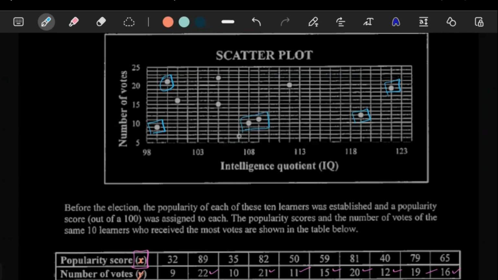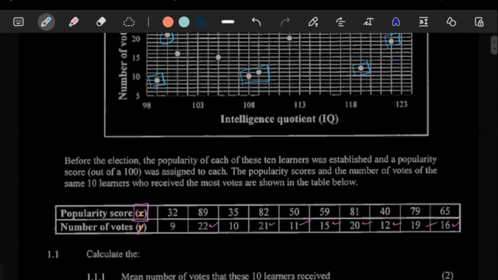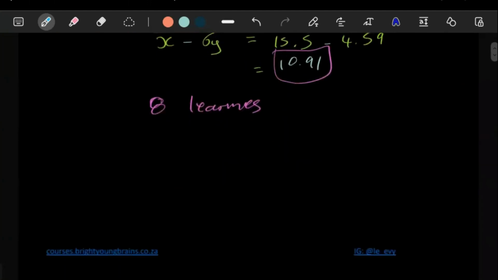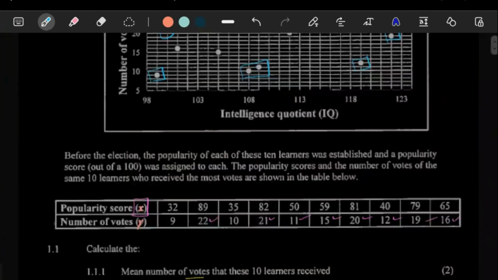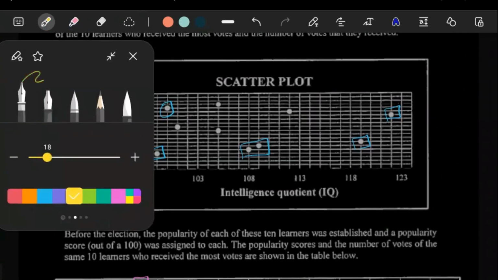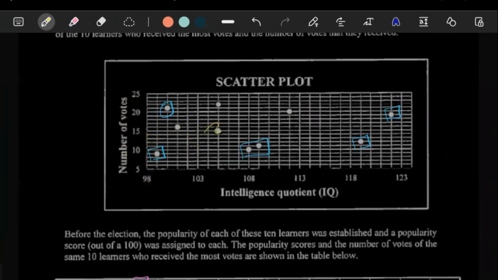So judging from the scatter plot and the number of votes that these people are getting, we can see that based on the question here, right? One way or the other, if you were to draw some kind of line of best fit, the line of best fit would almost be a straight line.